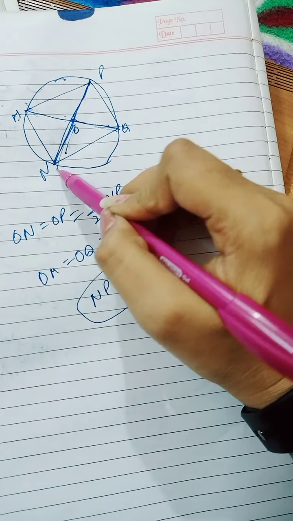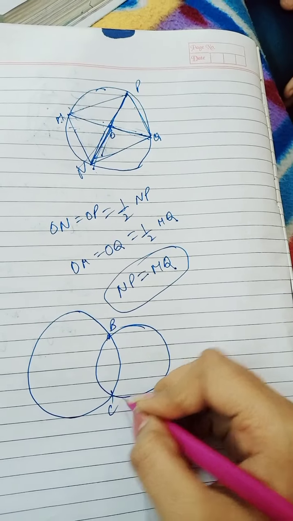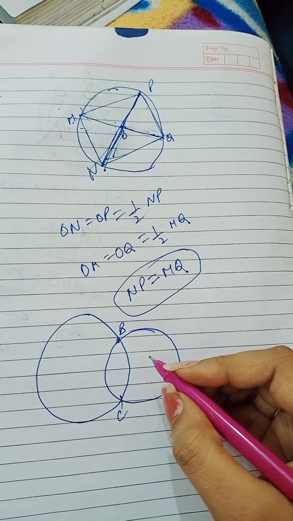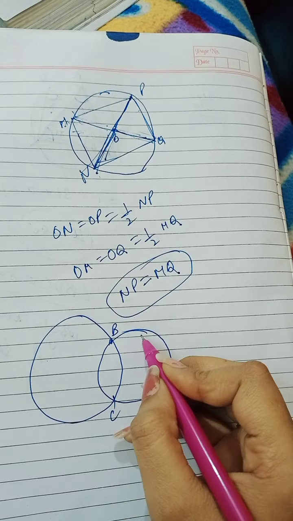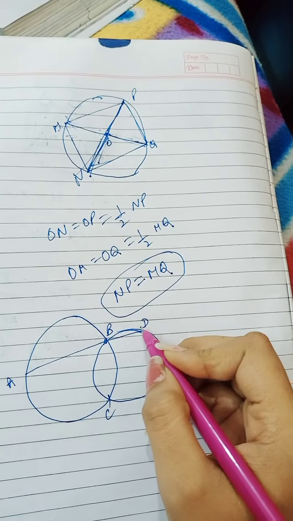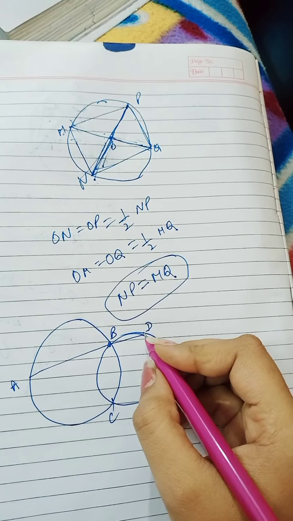Next question is, students, question number 9. Two circles intersect each other at 2 points. The points are B and C. It is given to you. Now, through B, two line segments are drawn: ABD, and the second line segment is PBQ.